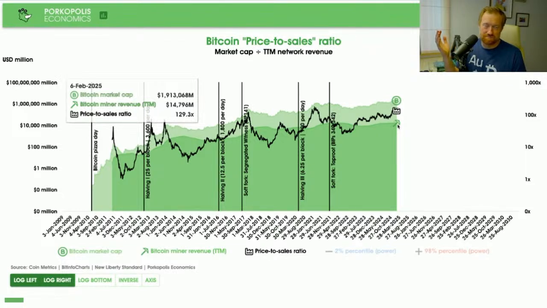Apple, a 1 PSR, if Apple is running a $3 trillion market cap, a 1 would be $3 trillion. That's obviously insane. But a 10 PSR would be 300 billion in revenue, and they're probably doing more than that. I'll check for you.